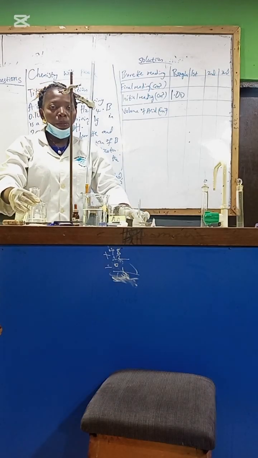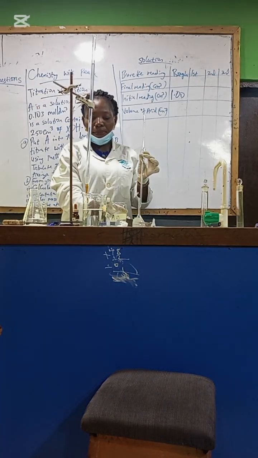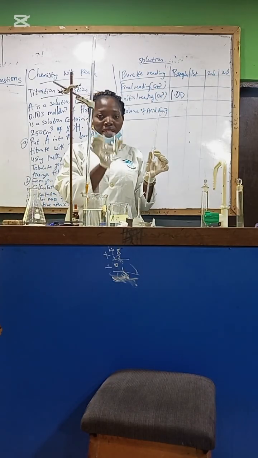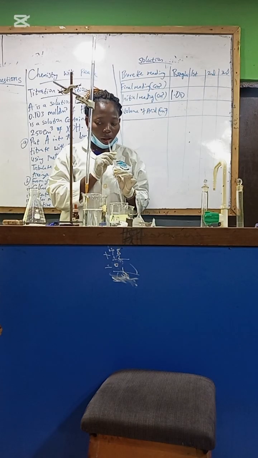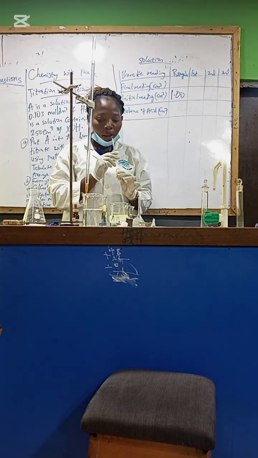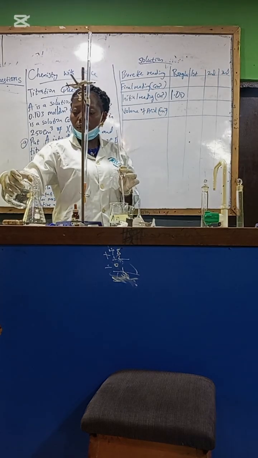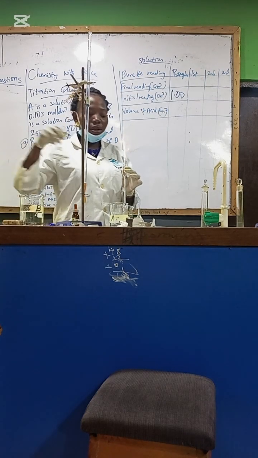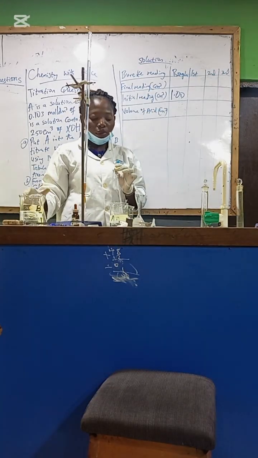The next step I'm going to take now, I'm going to pipette the base. Make sure you check the one you are working with. This is our base. They are all washed, but I still want to rinse it again.